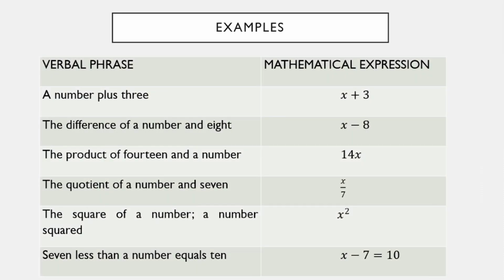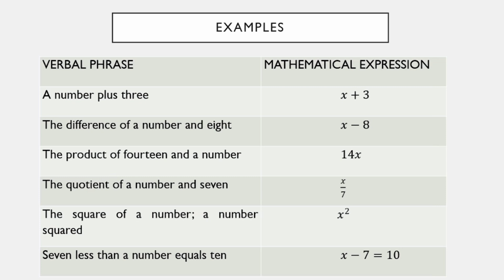Here are other examples, translating a verbal phrase to a mathematical expression. In a verbal phrase, a number plus 3 can read as, in a mathematical expression, x plus 3. Verbal phrase example number 2, the difference of a number and 8, can read as the mathematical expression x minus 8.